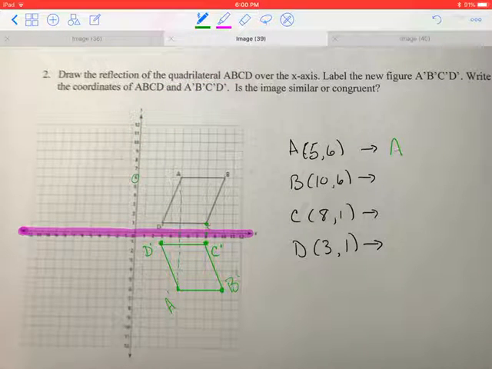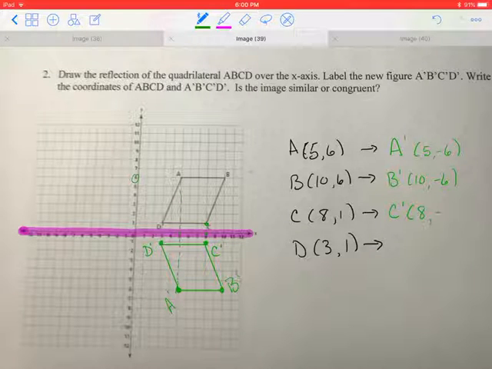All right, so notice to get to A prime right here, I have to go right 5 and down 6. So that's (5, -6). To get to B, I go right 10 and down 6. To get to my new C, I go right 8 and down 1. And to get to my new D, I go right 3 and down 1.